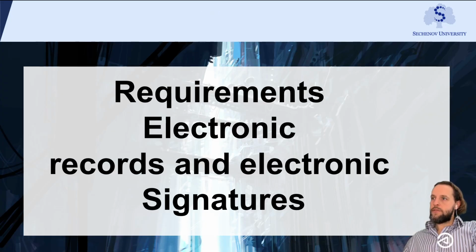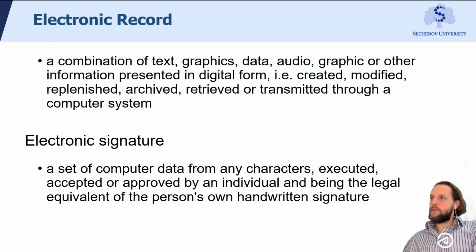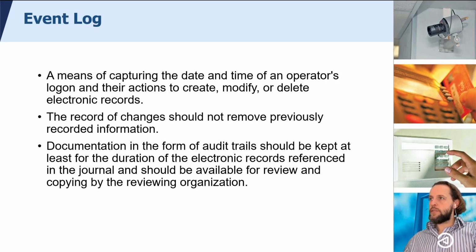What are the requirements for electronic records and electronic signatures? An electronic record could be a combination of text, graphic, data, audio, and other, so it's just any information which is stored in your computer system. And an electronic signature is a set of computer data which will prove the person who signs this electronic document.